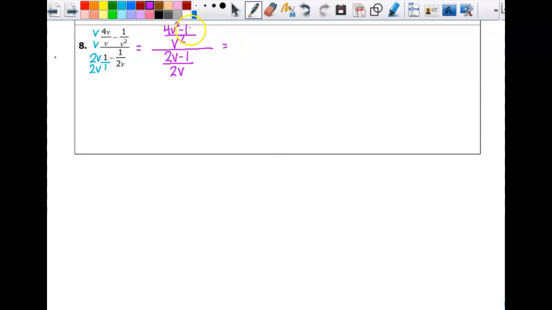When I rewrite this part, I'm going to go ahead and factor it because this is a difference of squares. So this gives me 2v plus 1 times 2v minus 1 over v squared times 2v in the numerator and 2v minus 1 in the denominator.